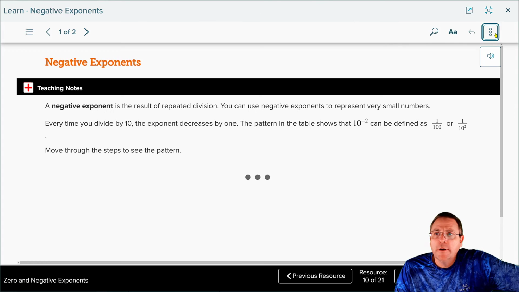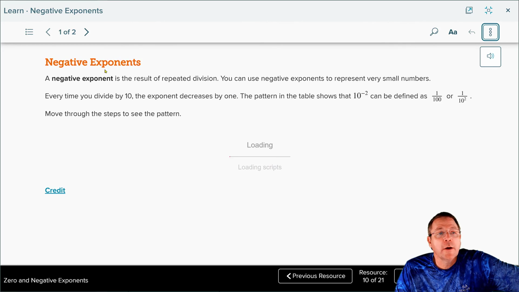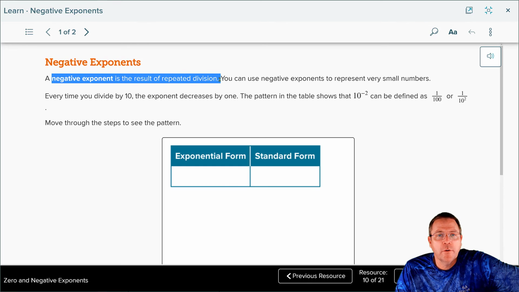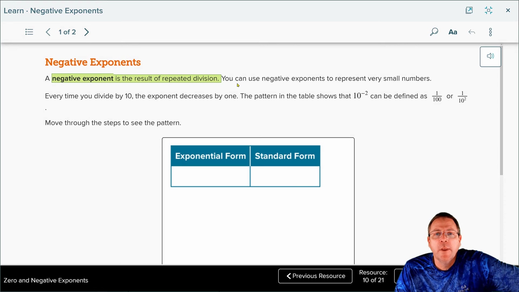Okay, we have done enough playing around with this. It is time to actually learn how to work with negative exponents. First, a negative exponent is a result of repeated division. That's going to be a vocabulary term you're going to have. And you can use a negative exponent to represent very small numbers. As we showed you, the higher the absolute value of your negative number is, the smaller the number it actually represents.